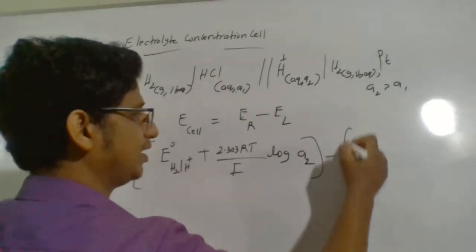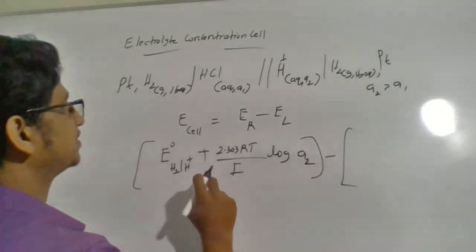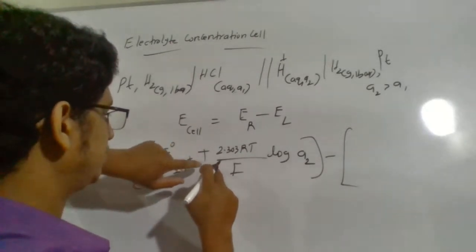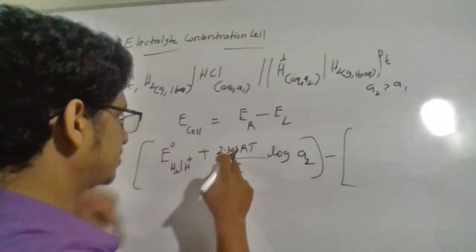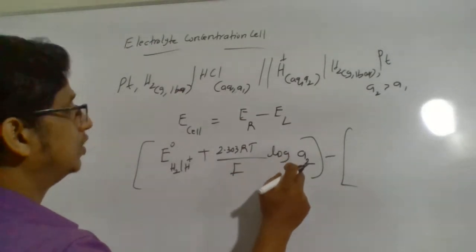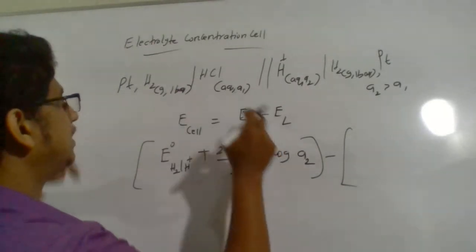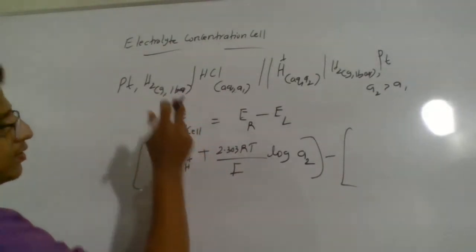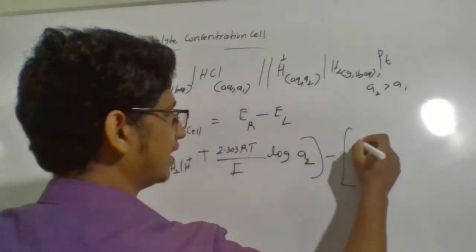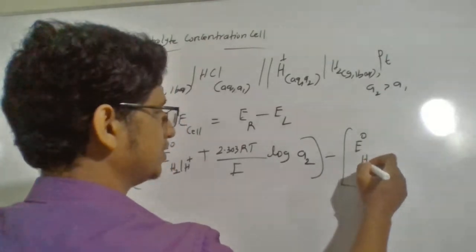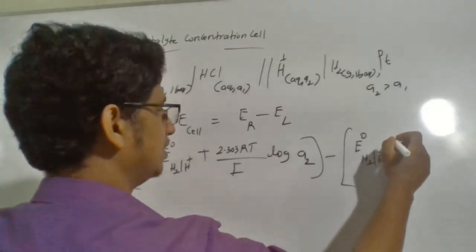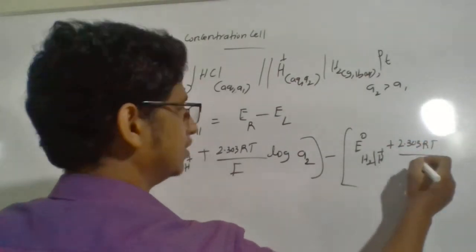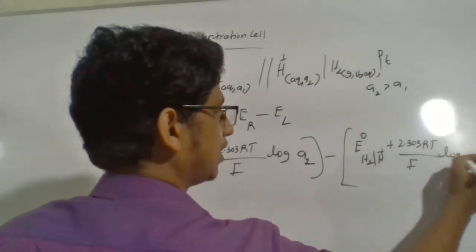Similarly, a similar kind of expression for the anode: minus E0 H2 bar H plus 2.303 RT by F log A1, because A1 is the concentration at the anode.